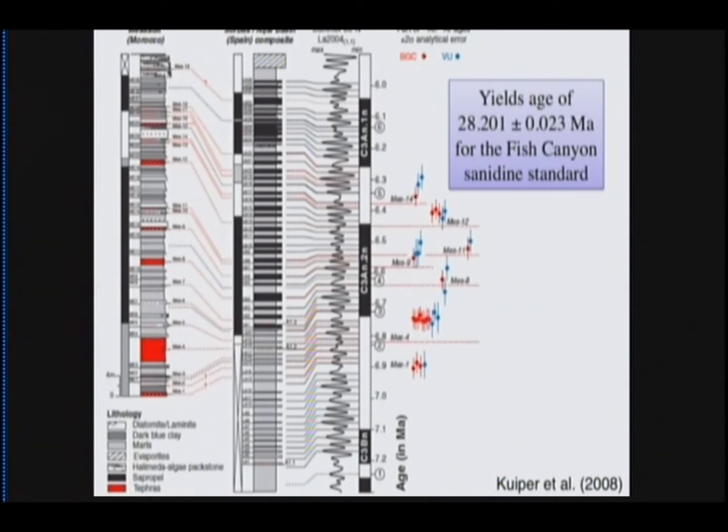So this is an approach that has been extremely popular. And in fact, from 2008, when this was published, until last year or so, this was the most common calibration age used for this Fish Canyon Sanidine.